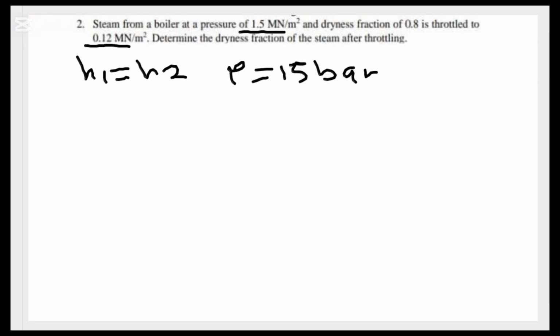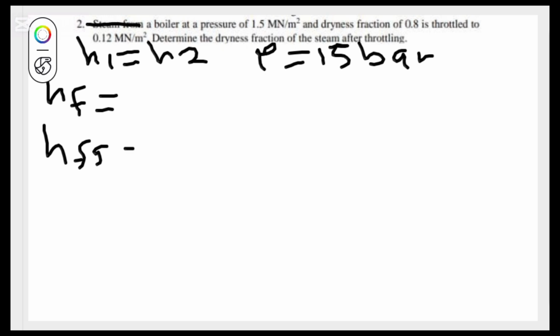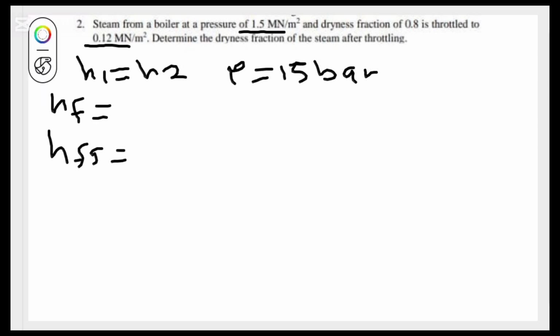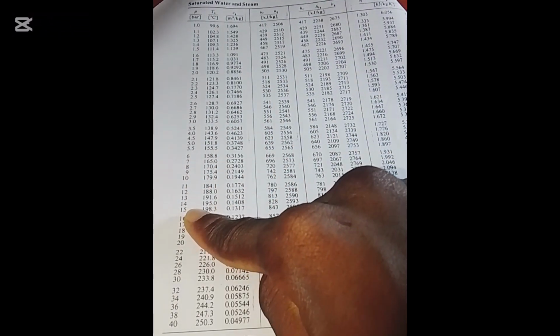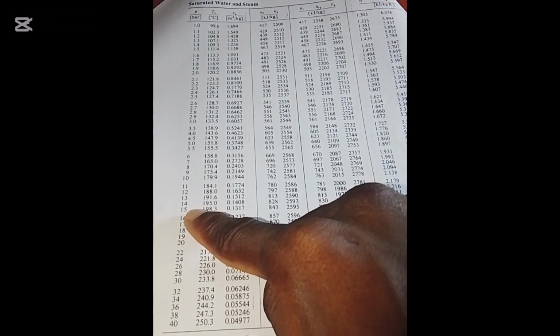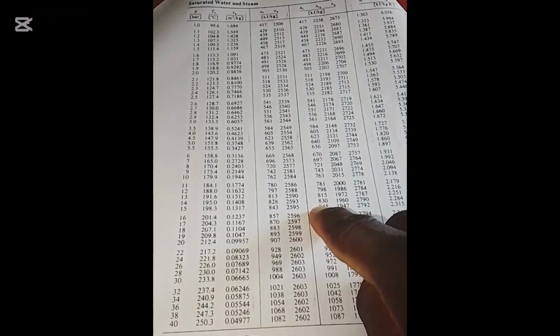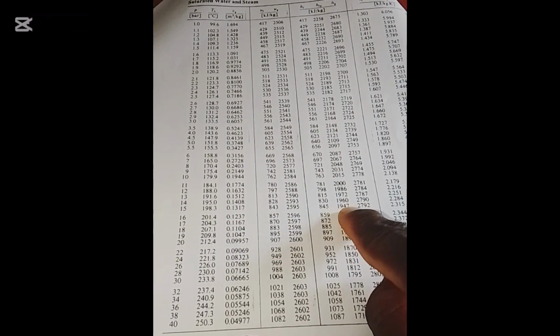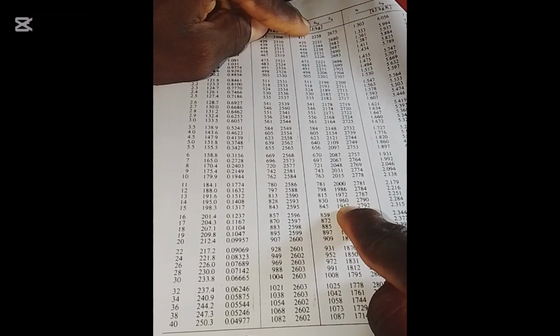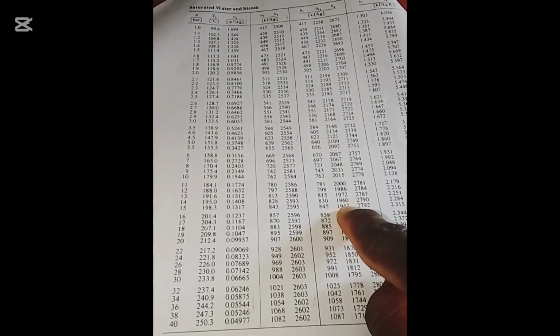From the steam table, we are going to find the h_f, and also we are going to find the h_fg. So let's take the steam table and see. So this is 15. At 15 bar, the value of h_f will be 845, and also the value of h_fg will now be 1947.